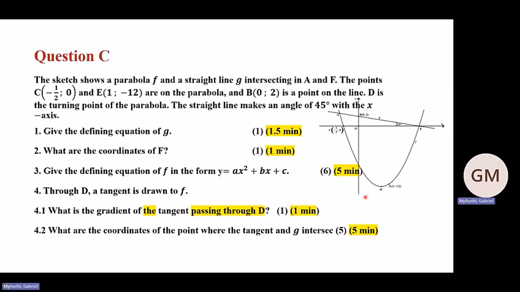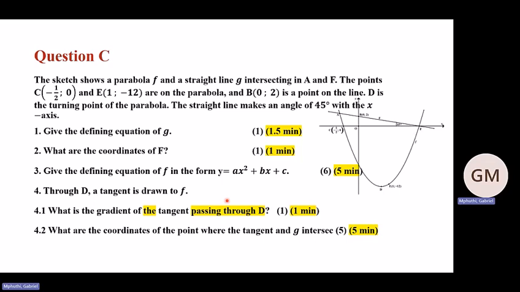So you know 1 point here, that tangent will cross somewhere on the coordinates, you know that, and therefore you simply substitute on that. So most of the parabola and straight line questions, that's where you have to get most of the marks, because those ones are straightforward.